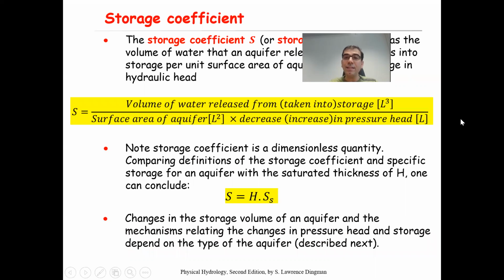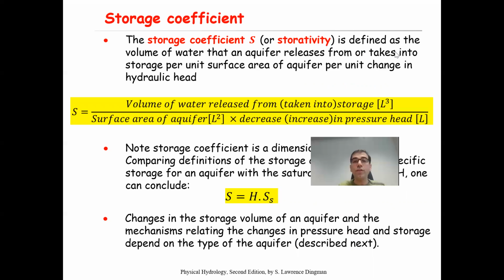There is another definition here called a storage coefficient. A storage coefficient, or storativity, is defined as the volume of water that an aquifer releases from or takes into storage per unit surface area of aquifer per unit change in hydraulic head. Compared to the previous definition, it's quite similar.